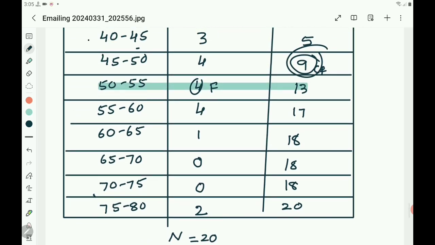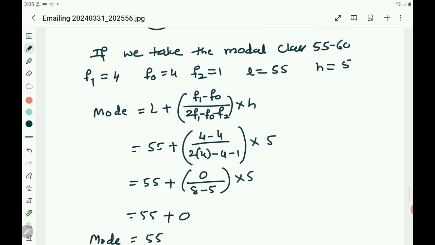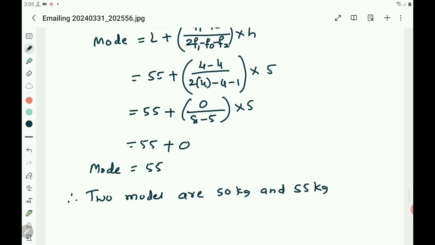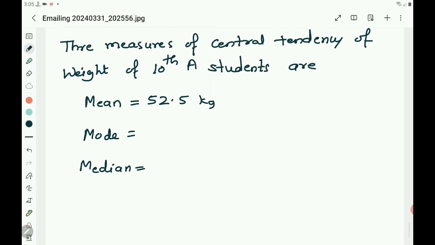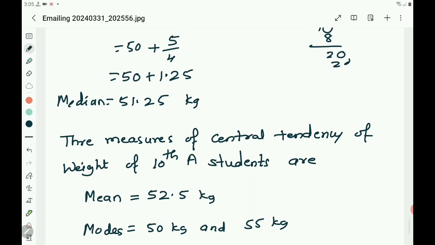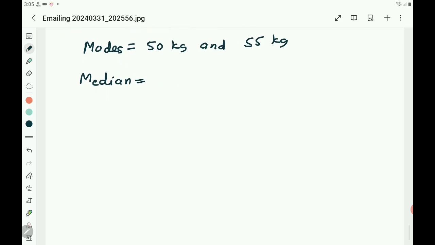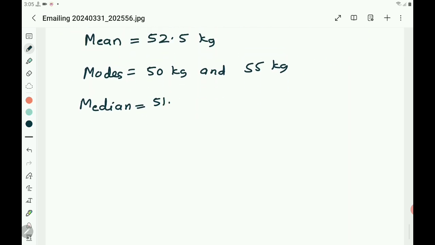Then mode. Two modes are there. They are 50 kg and 55 kg. Modes you write 50 kg and 55 kg. Then median. Median is 51.25 kg.